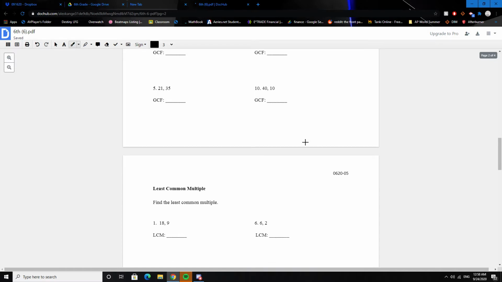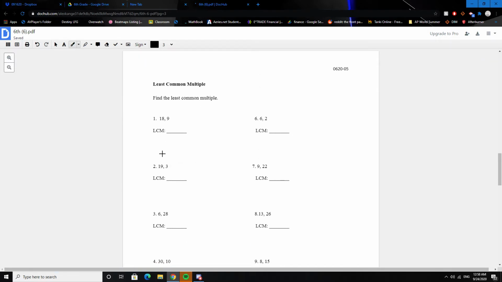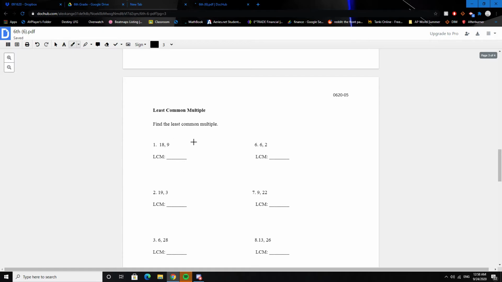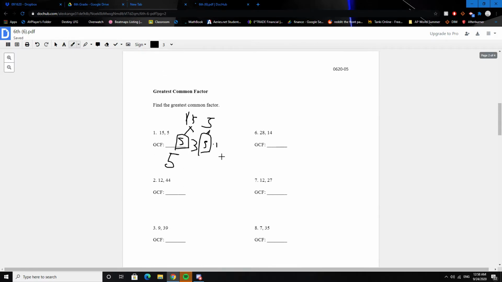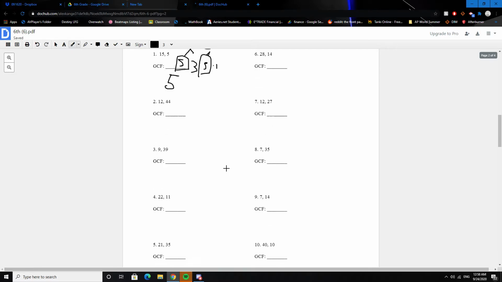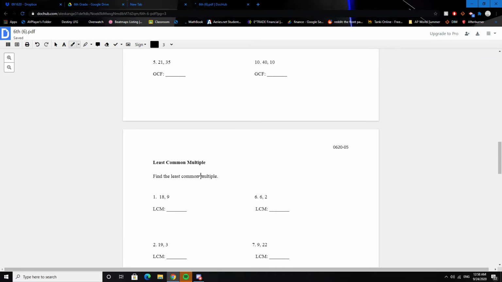Alright, moving on, least common multiple. This is pretty much the same thing, but instead of looking for the highest one, you're looking for the lowest possible one. So if I break it down here, this factors out into 3 and 3. Now this factors out into 6 and 3.